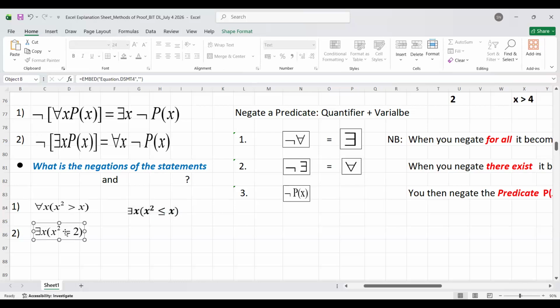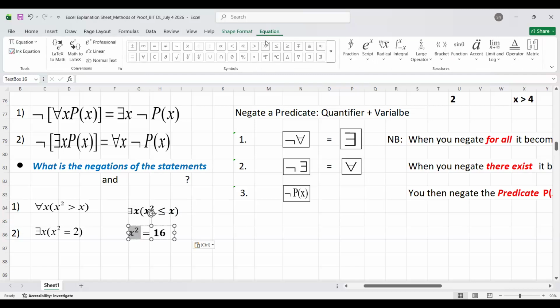There exists this x such that x squared is equal to 2. What will be my negation? For all x. So it becomes, for all x, in brackets, x squared is not equal to 2.